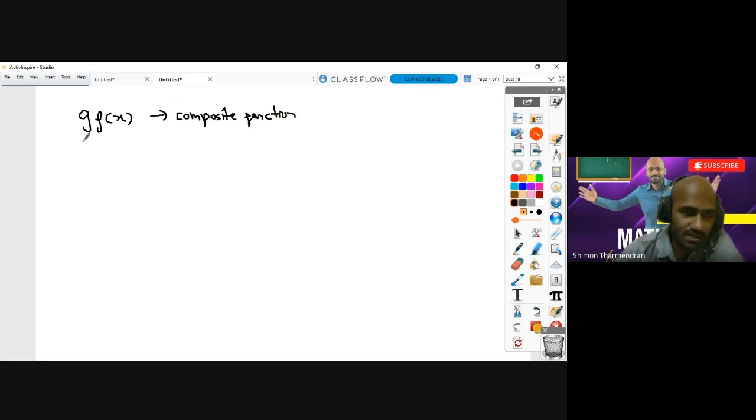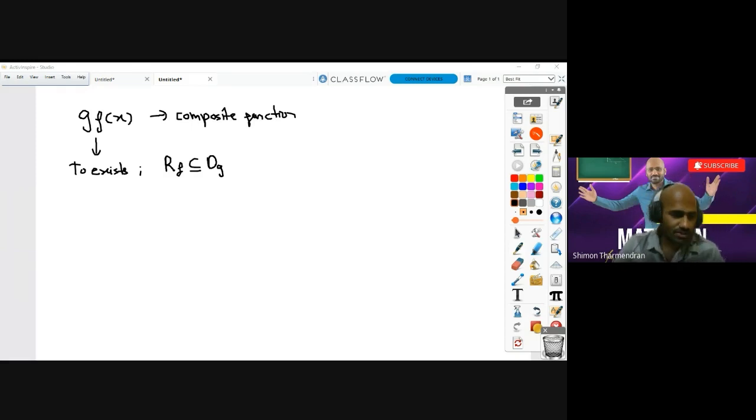So for this to exist, we have the range of f has to be a subset of the domain of g. So that is a condition. Do you understand why we need this condition for the composite function to exist? Any one of you guys understand why this is a condition?